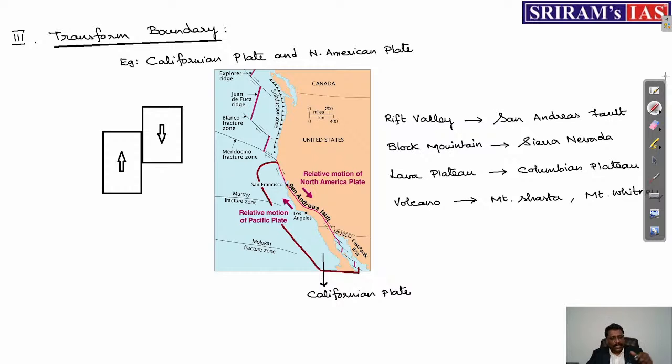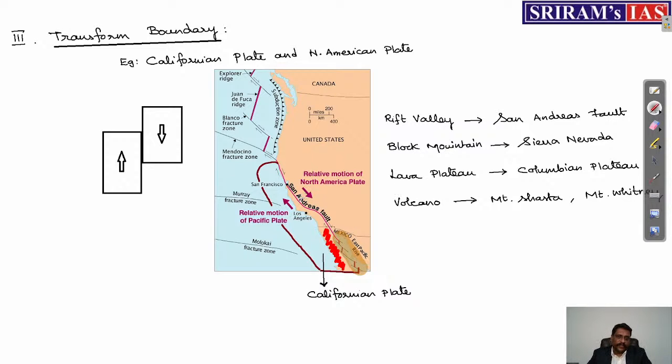In that regard, one of the most prominent transform boundaries of the world is the Californian plate and North American plate going for a kind of transformation. Where is the Californian plate? See, this peninsula of Mexico, what do we call it? Californian Peninsula. This Gulf on the western side of Mexico, what do we call it?